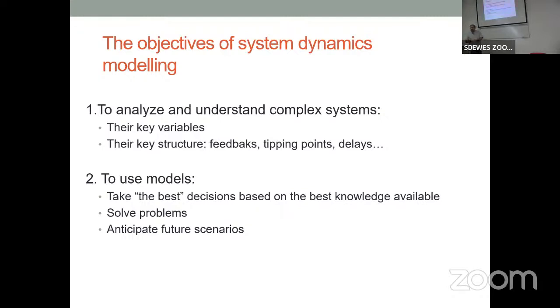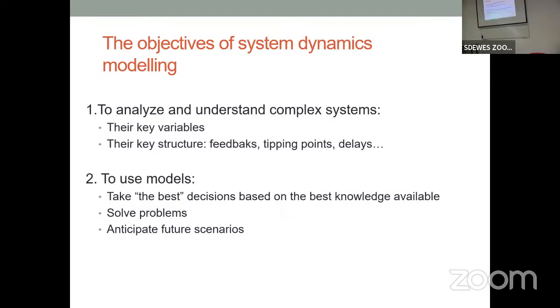So we can test the model in simulation, trying to check what is going to happen in the real system. So just understanding a real system may be an objective of system dynamics.